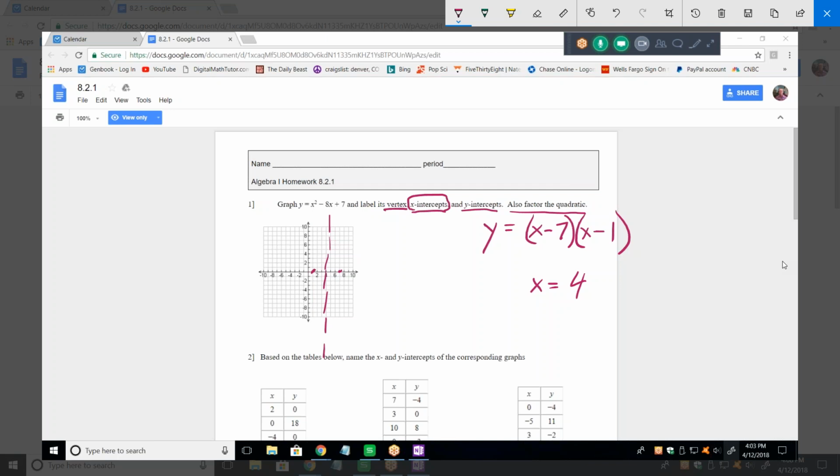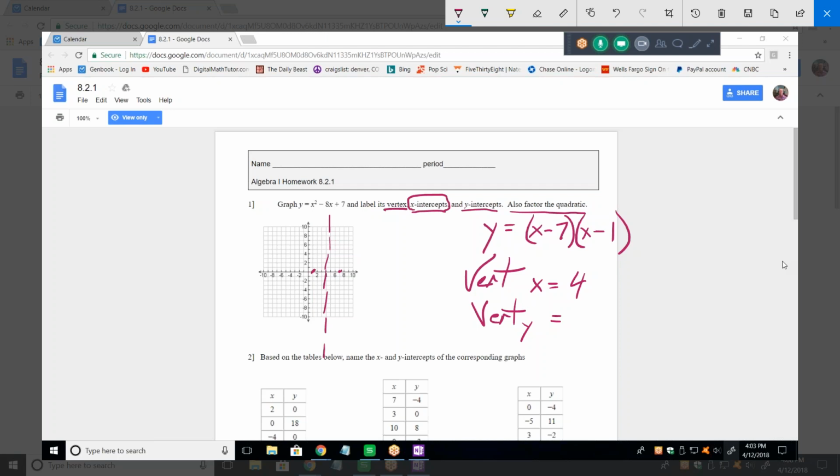Okay? So that tells me the x coordinate of the vertex is 4. Gosh, I've figured out a lot now. Tell me what the y coordinate of the vertex is. How am I going to get that? I don't need minus b over 2a.